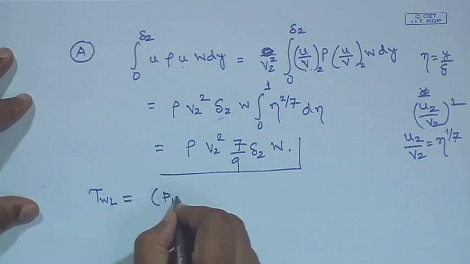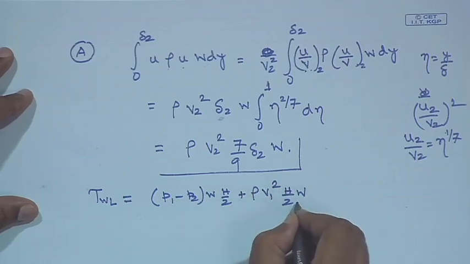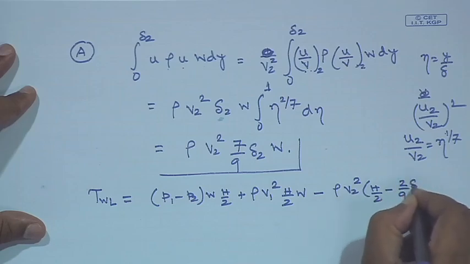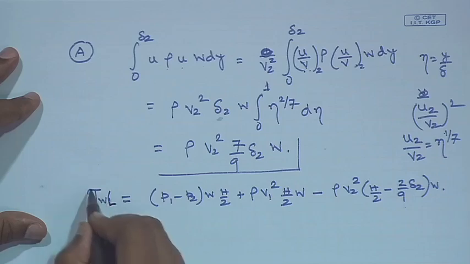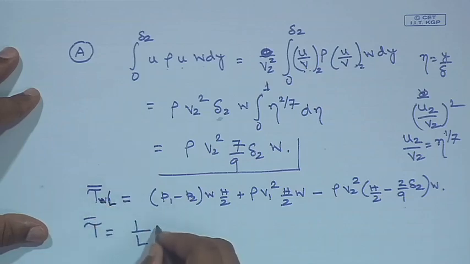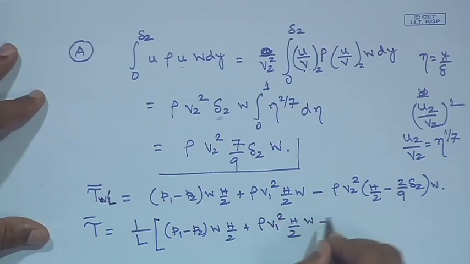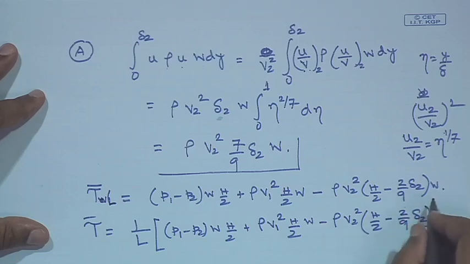If I bring it to the other side, tau WL would simply be equal to the pressure force (P1 minus P2) W h by 2, plus rho V1 square h by 2 times W, which is the flow rate through region B, and then minus rho V2 square (h by 2 minus 2 by 9 delta 2) times W. So, this essentially gives me the average value of the wall shear stress, which is tau bar, and therefore, tau bar would simply be equal to 1 by L times [(P1 minus P2) W h by 2 plus rho V1 square h by 2 times W minus rho V2 square (h by 2 minus 2 by 9 delta 2) times W].